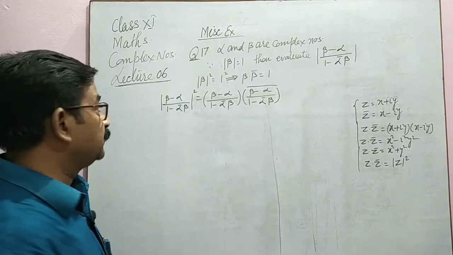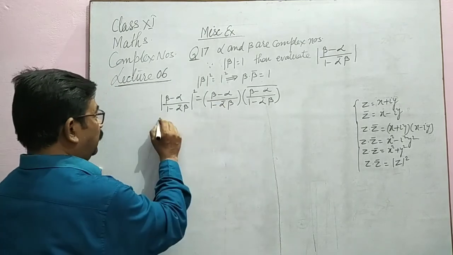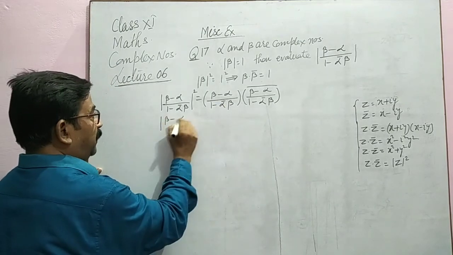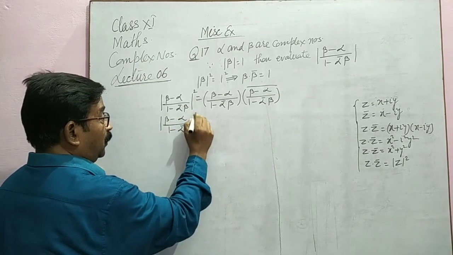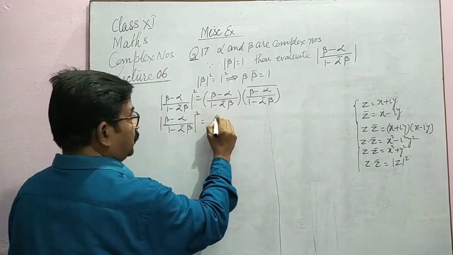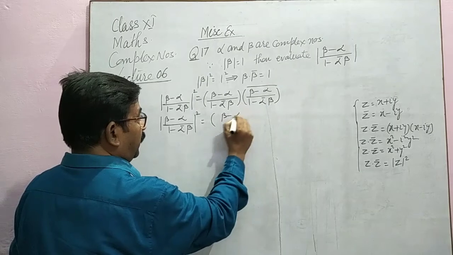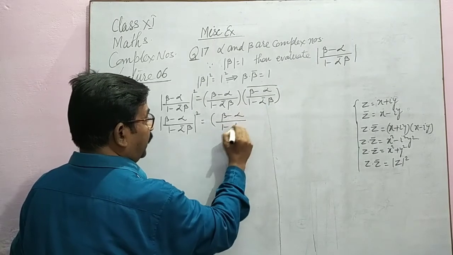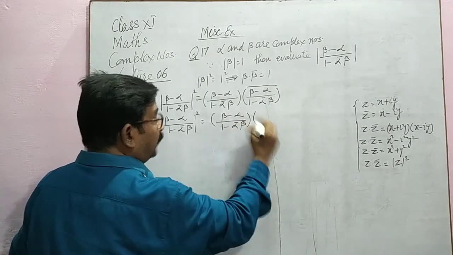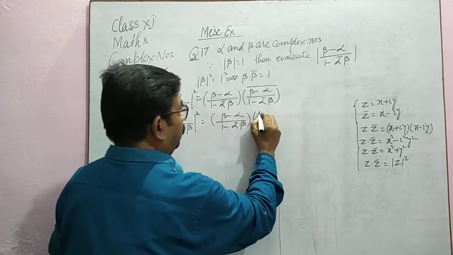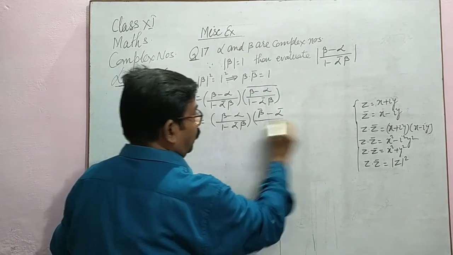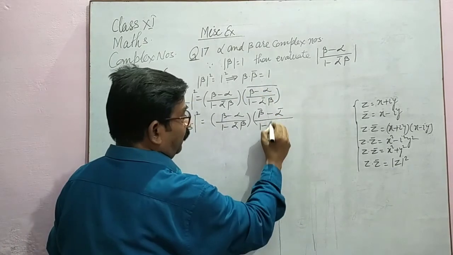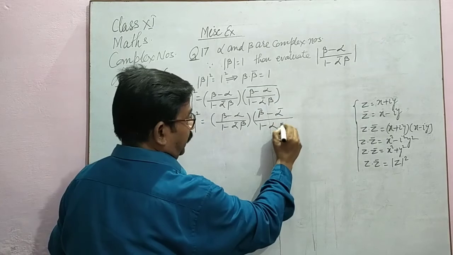This is the formula. One more line: this is beta minus alpha upon 1 minus alpha bar beta into beta bar minus alpha bar upon 1 minus alpha beta bar, since bar of alpha bar is alpha.